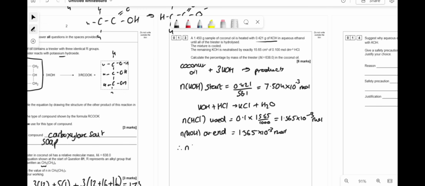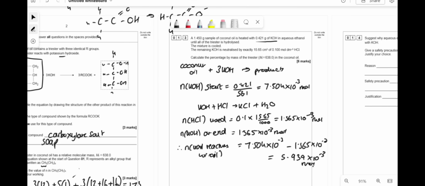So the moles of KOH reacting with the coconut oil is going to equal the total number of moles we worked out at the absolute start, so 7.504 times 10 to the minus 3, minus the moles at the end that reacted with the HCl, which is 1.565 times 10 to the minus 3. We do that, we get a nice old answer of 5.939 times 10 to the minus 3 moles.